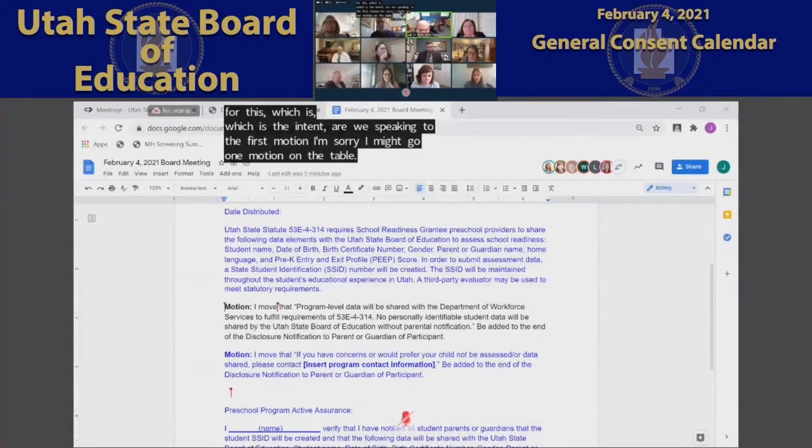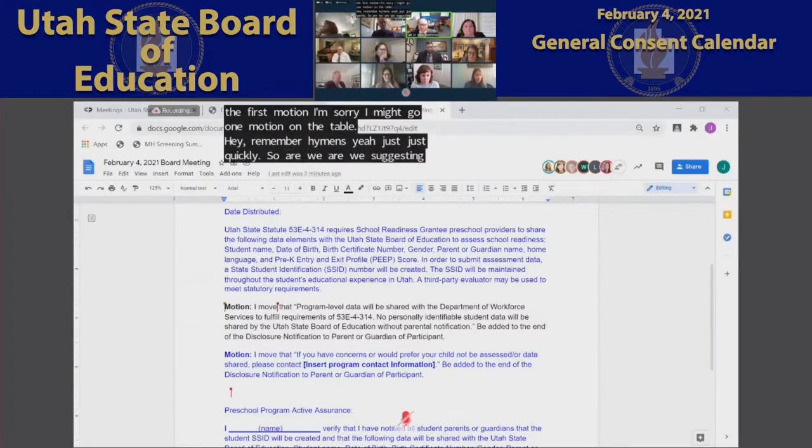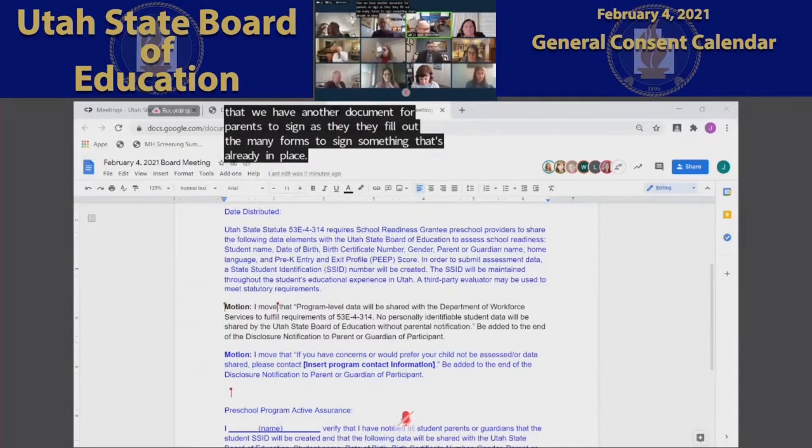So that disclosure form that they have, that's how and where it goes. And then this amendment, or this motion, if approved, gets added to the agreement. Thank you.